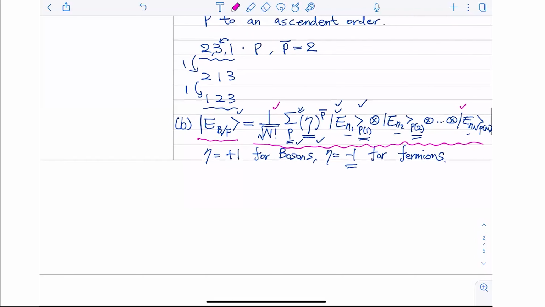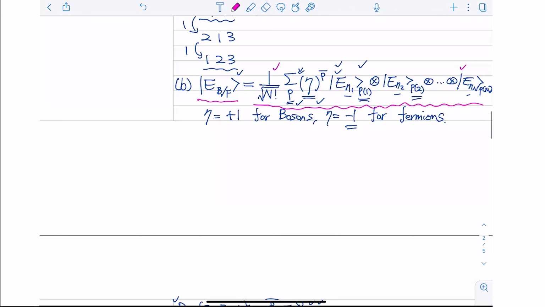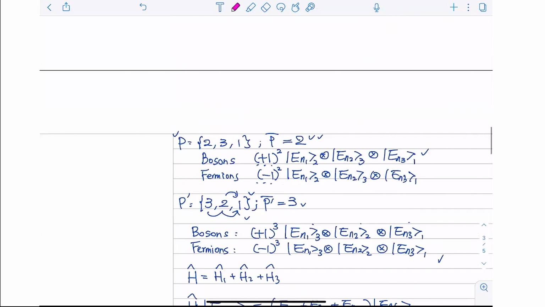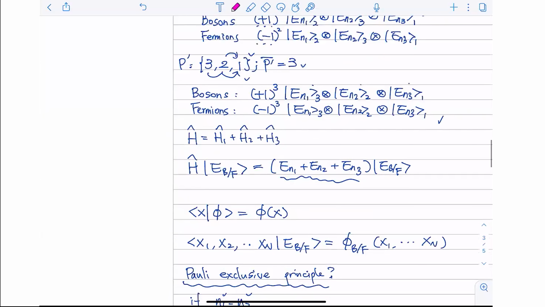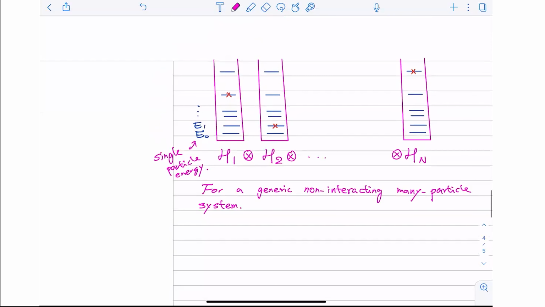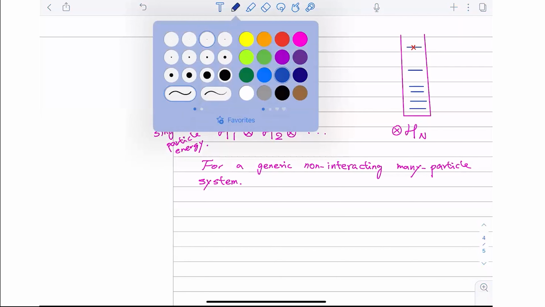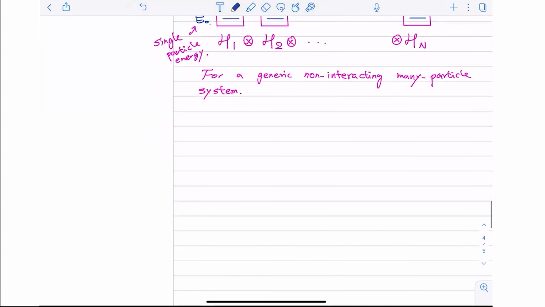That's just a normalization factor that I forgot to mention, because for each permutation there are n factorial such terms, so each one of them should contribute 1 over square root of n factorial. Okay. So this is for a generic non-interacting many particle system. And here we just use 0 and 1 to represent the eigenstates. So we can ask, how about for a free quantum gas system?